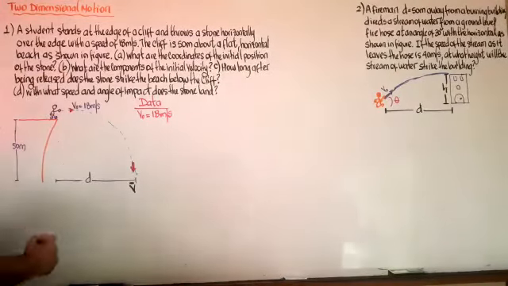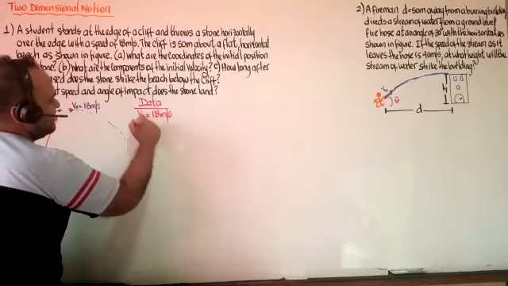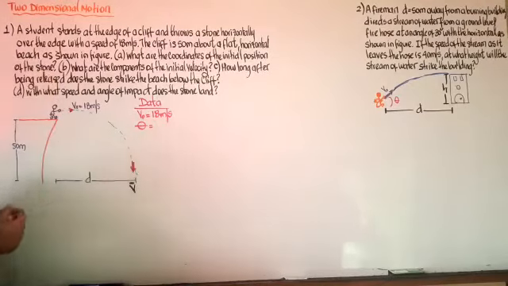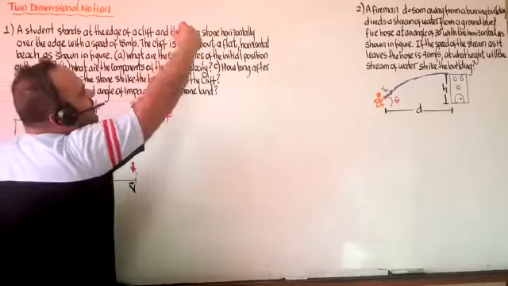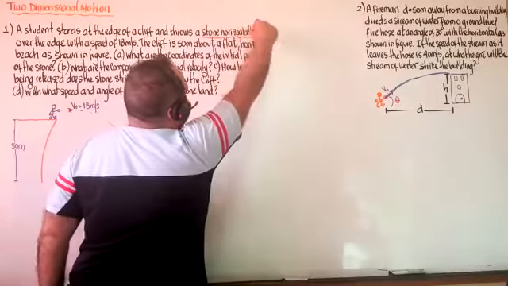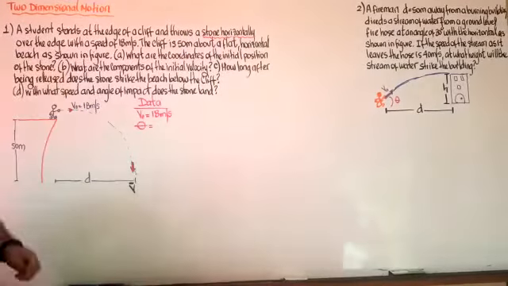Another situation, the angle theta. This is just a curiosity because the problem never mentioned at what angle the student throws the stone. But if you read the beginning of the problem, it says the student throws the stone horizontally. What does that mean?